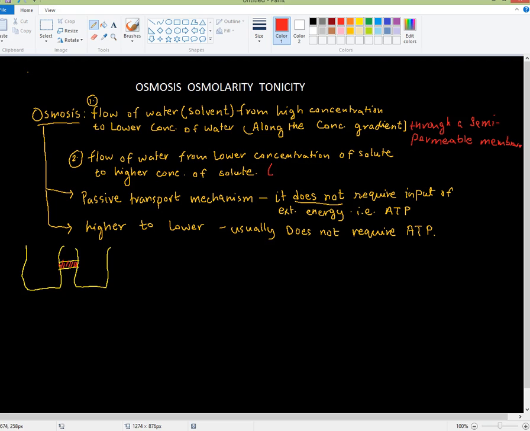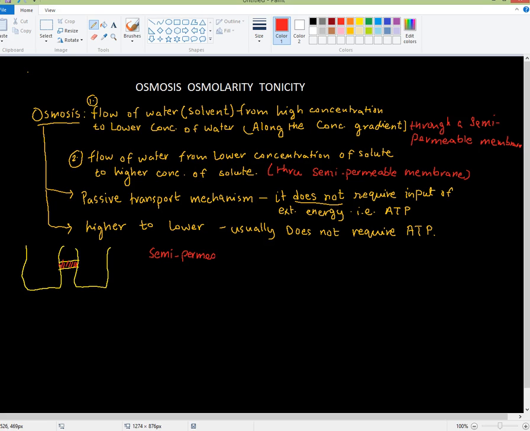Same here, through semi-permeable membrane.